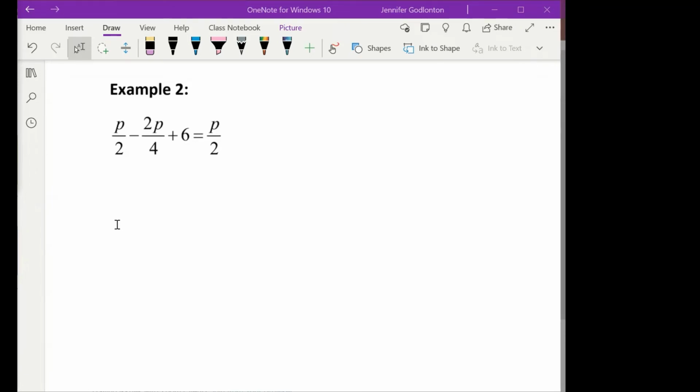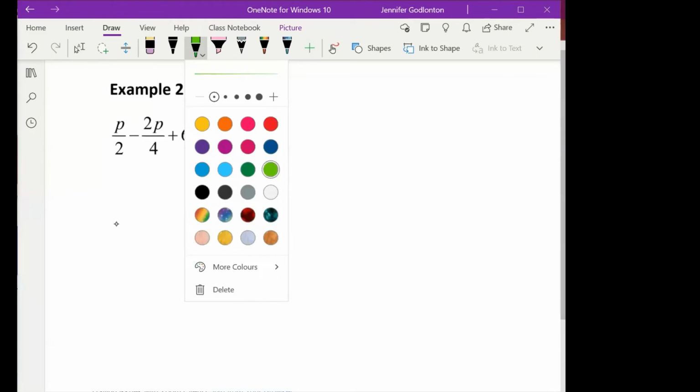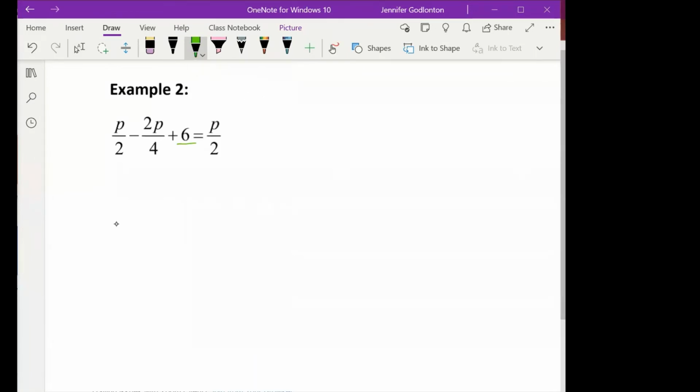I know, guys, just take it step by step. Don't forget your first step. First step is to make sure that everything has a denominator. So we're going to make that 6/1.